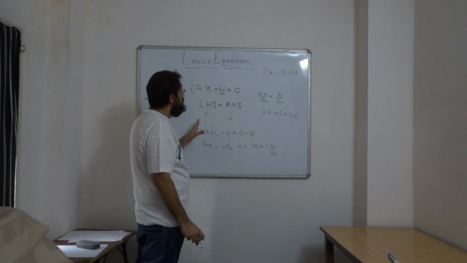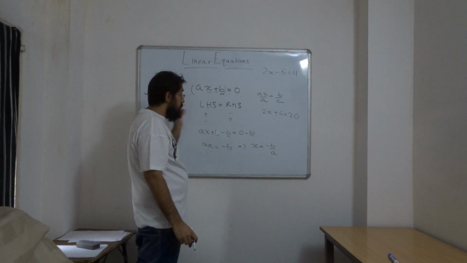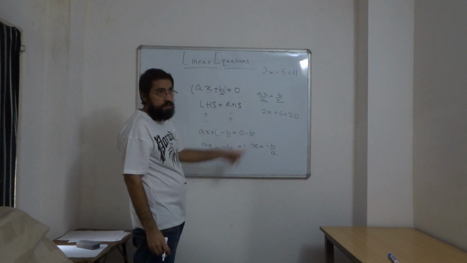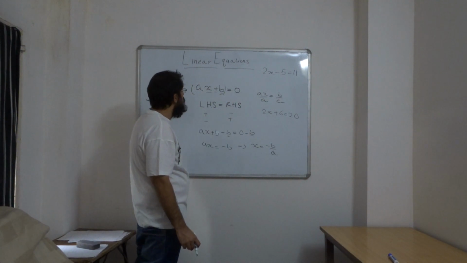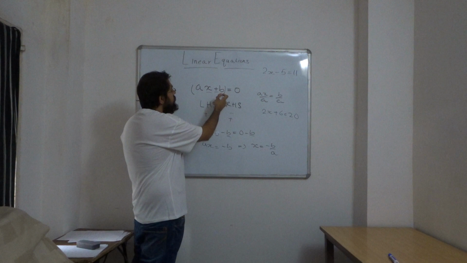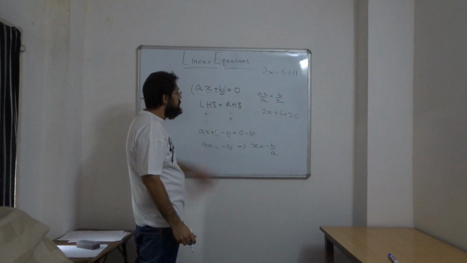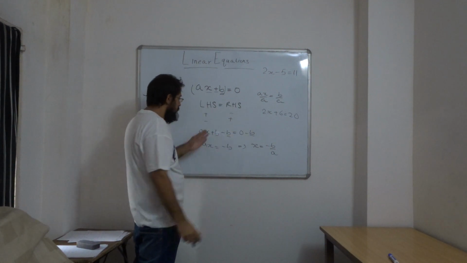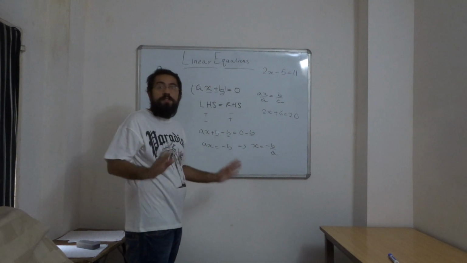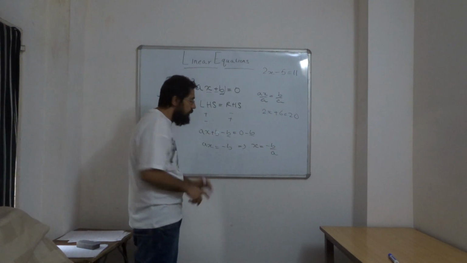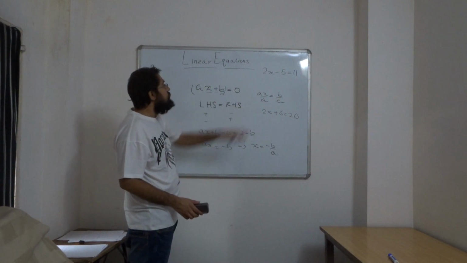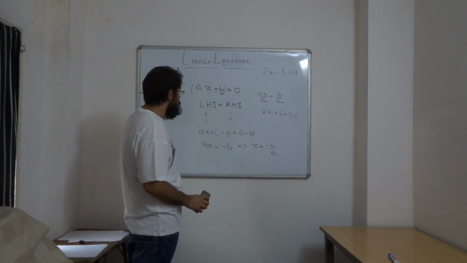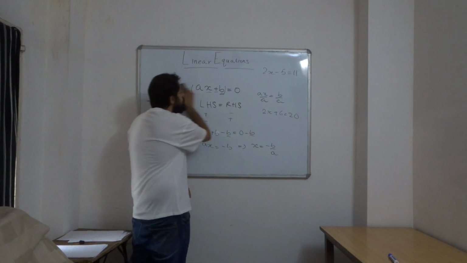So whatever sign is on the left hand side, the opposite sign is to be carried to the right hand side. And the same variable or the same constant is substituted on the other side, like I just explained. So this is the basic law. If you already understood this, you can start solving those questions. I hope you've understood this, guys.